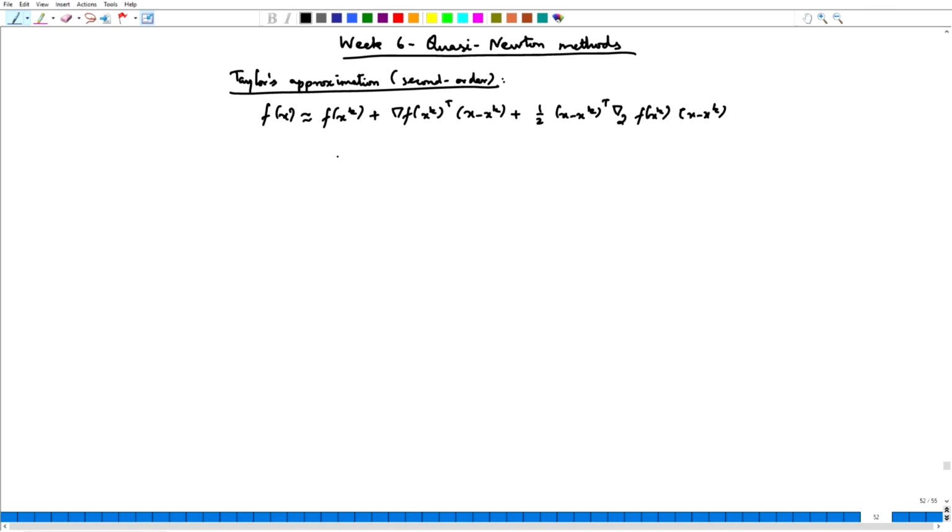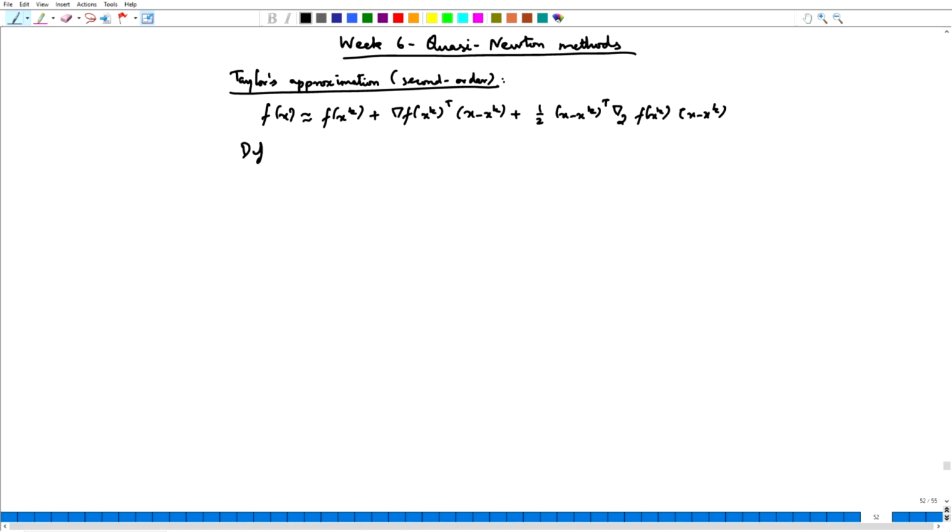Okay. So, all right. So, from this, if you recall what we did in Newton's method, right. So, we differentiated this with respect to x and evaluated it at x star, which is the minimizer of f, right.